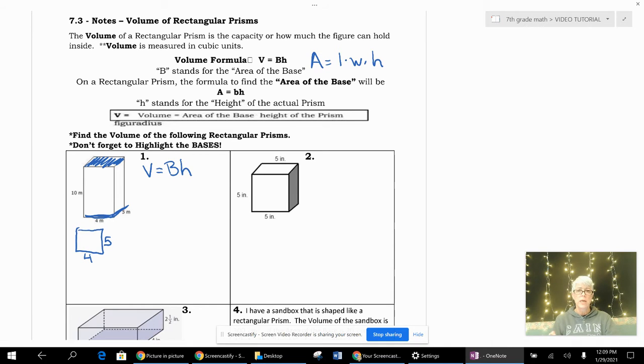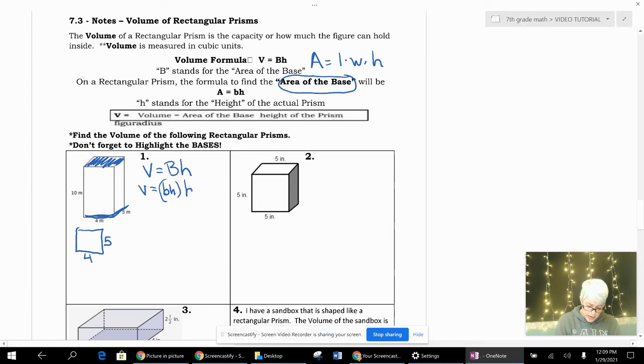So big B is the area of the base. I'm going to circle it up here again, area of the base. Let's find the area of that rectangle. First off, the formula for big B is length times width, or base times height. So I'm going to write base times height.